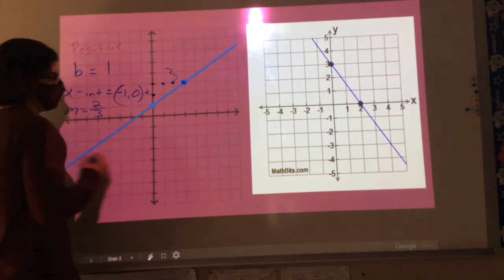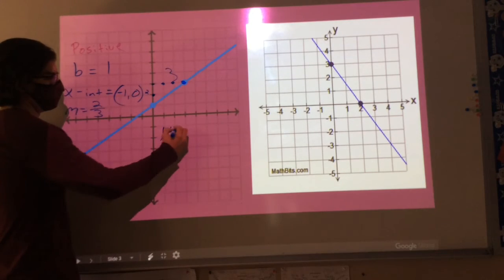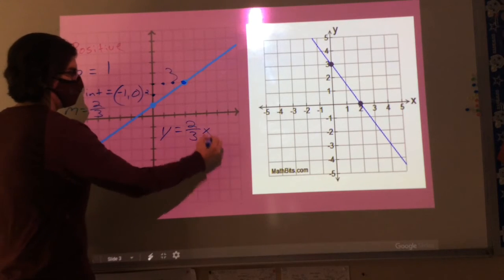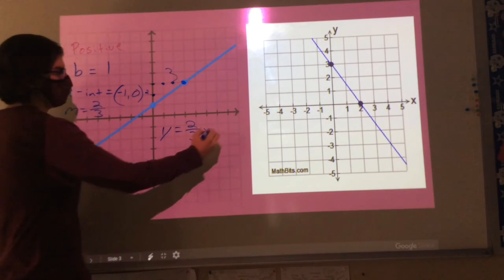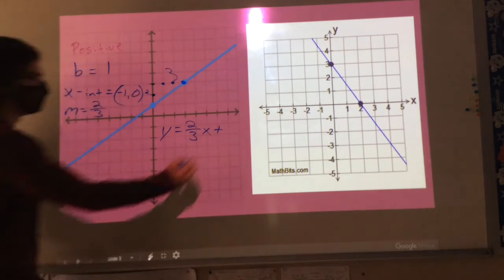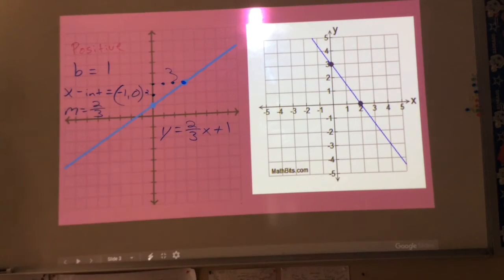Slope-intercept: y equals 2 over 3x plus b. Come on, you can do better than that. Plus what? Plus 1. Boom. Slope-intercept form.